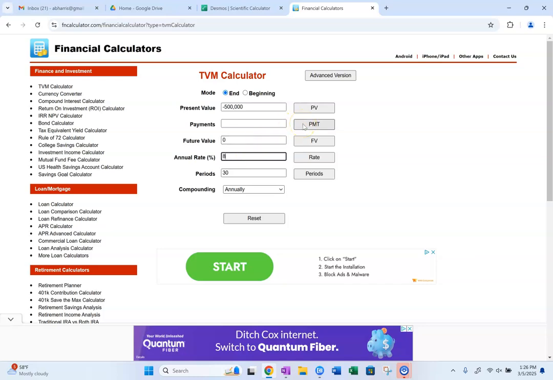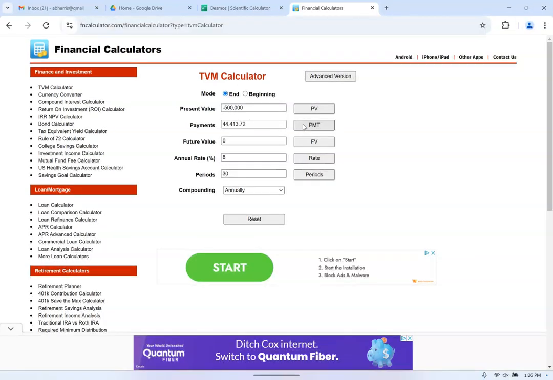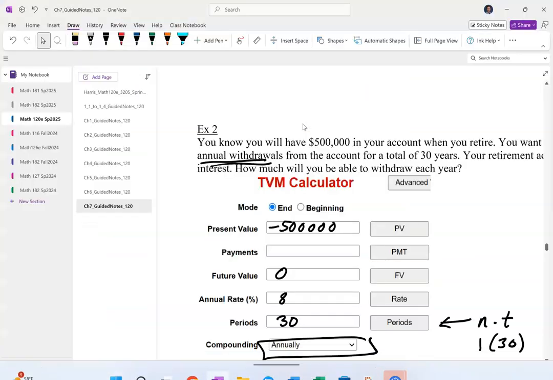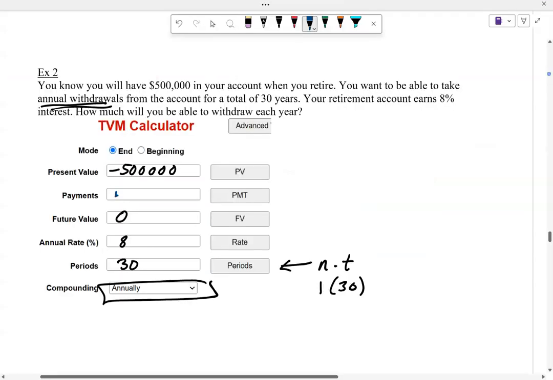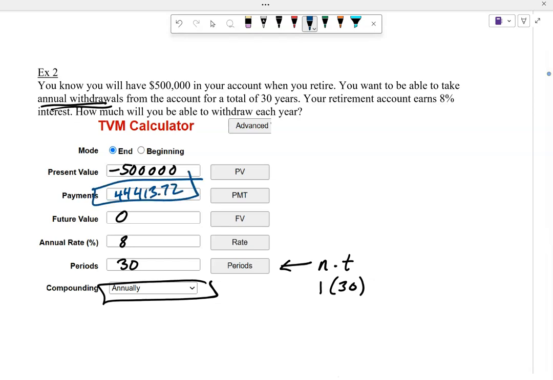How much could I maximally take out? $44,413.72 a year. So, $44,413.72 each year.